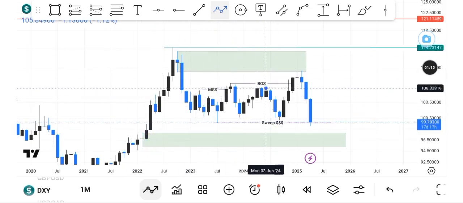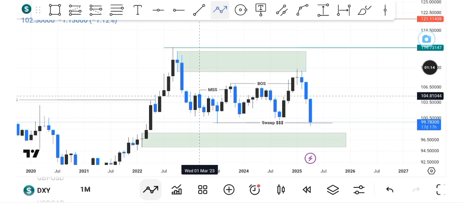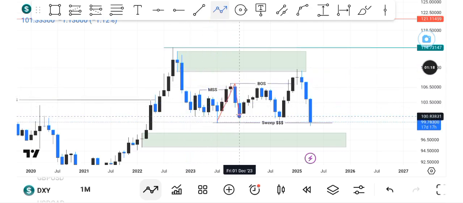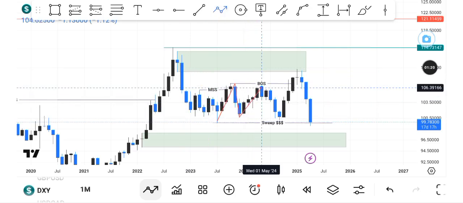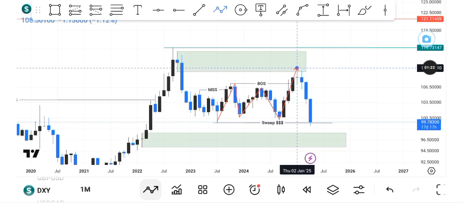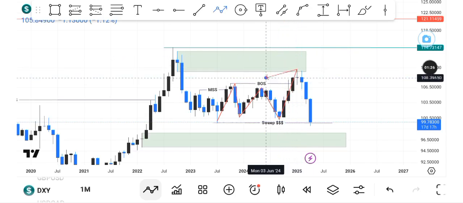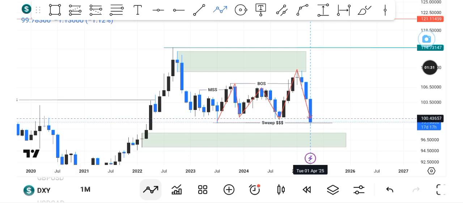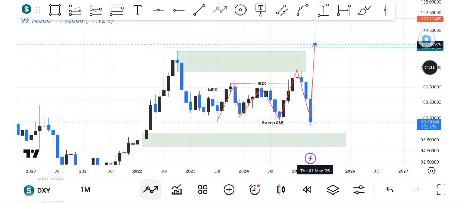It came and tapped into the imbalance there, with the market creating higher highs, higher lows, higher highs, higher lows, higher high, and then coming down as I'm marking. There we got a rejection from that point, and the market then dropped down.